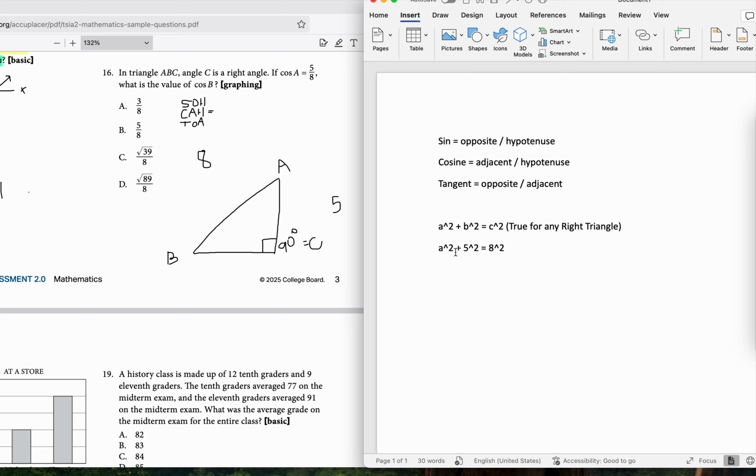So we want to get a by itself. So let's undo the addition here. We have 8 squared minus 5 squared equals a squared. And to undo a square, you would take the square root of that. And so you have a equals the square root of 8 squared minus 5 squared.